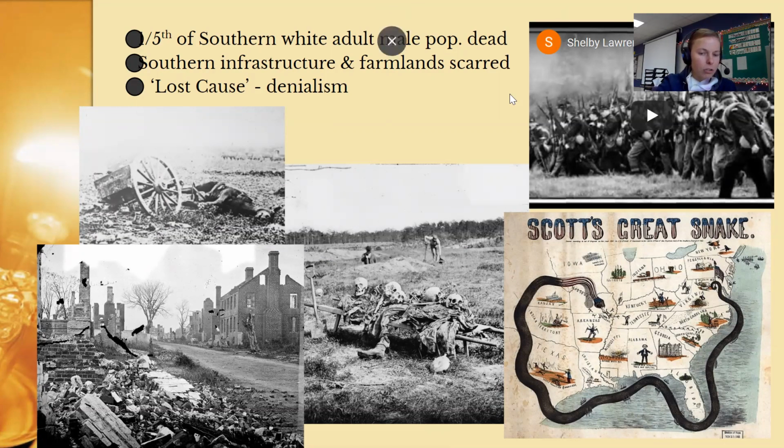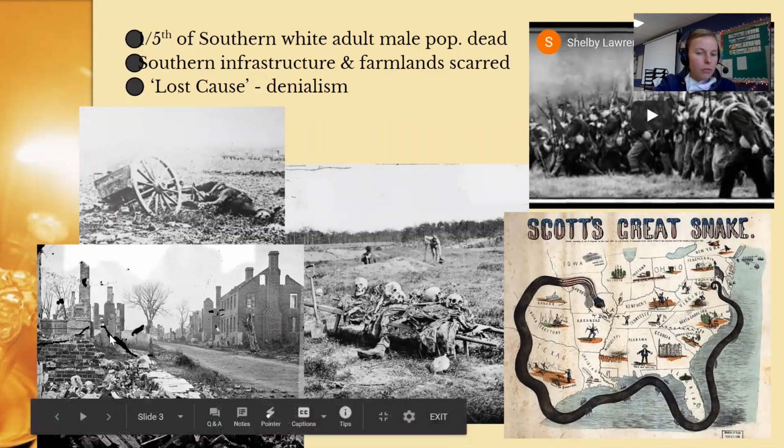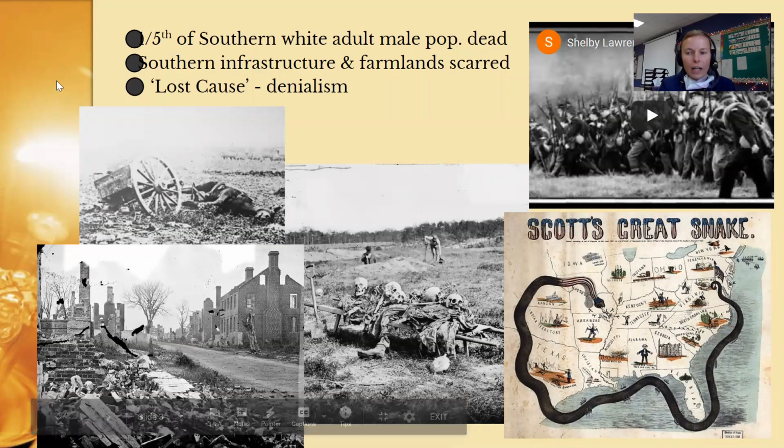You can see in this picture here, it's kind of like the ruins you would expect to see at the end of the Second World War in Europe. That's what it looked like in the South, where most of the fighting had taken place. Basically, 1 in 5 of the adult white male population of the South was dead from the Civil War. That is a huge number of people.